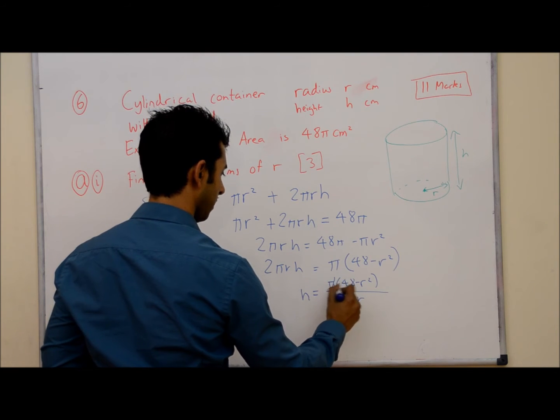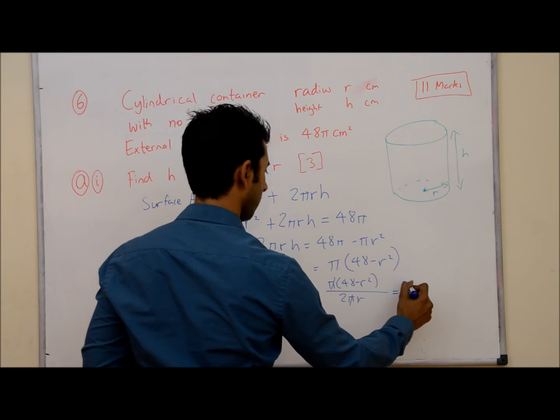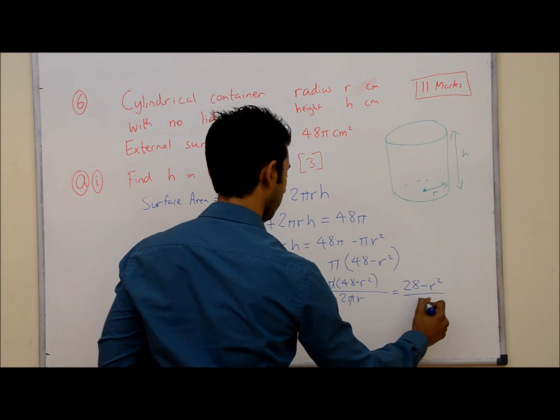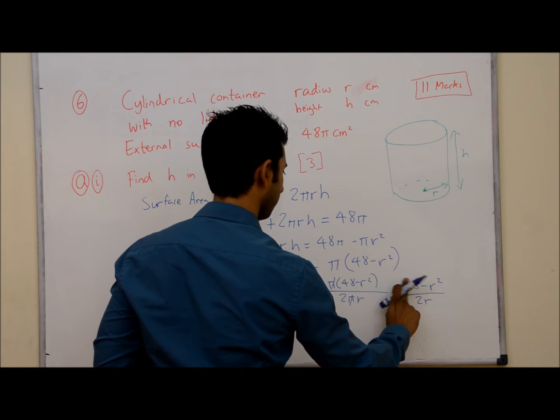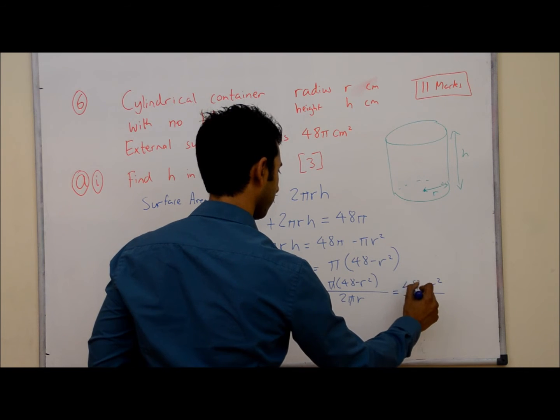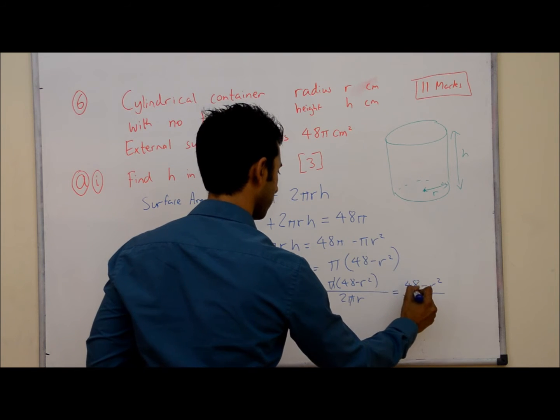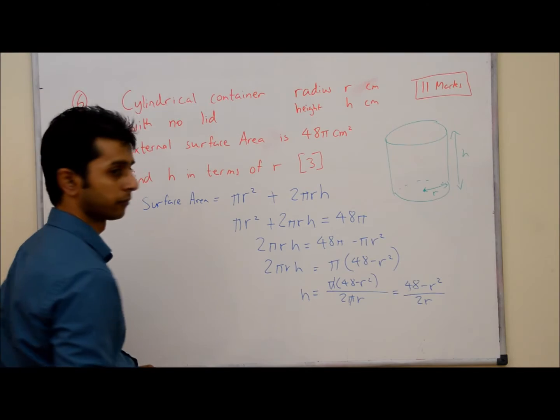And we can cancel the pi's out, so we are left with 48 minus r squared over 2r.